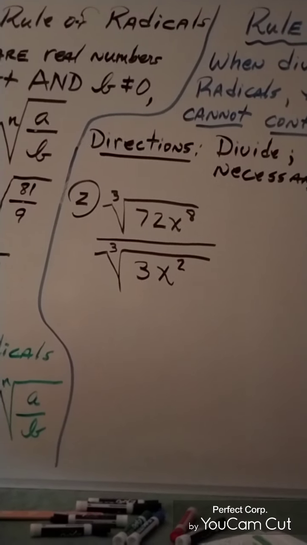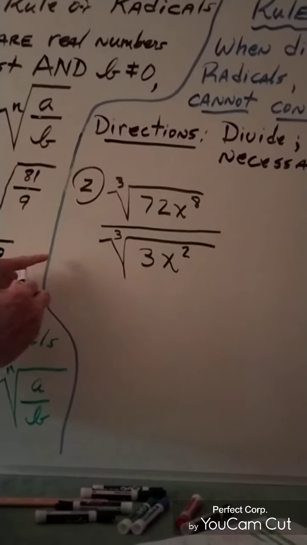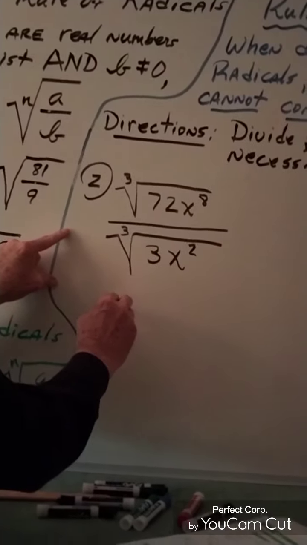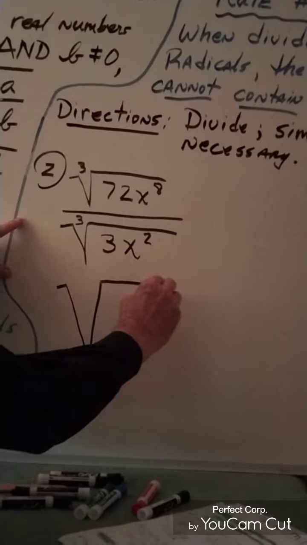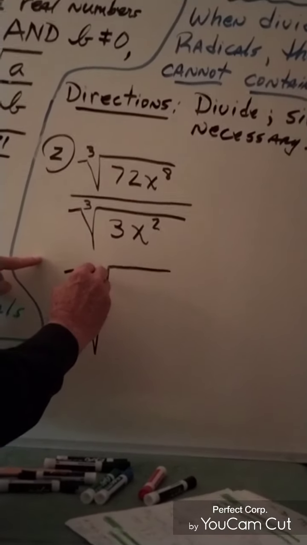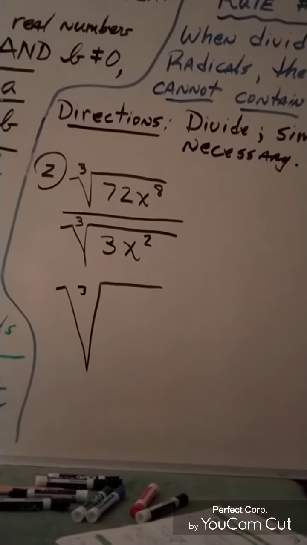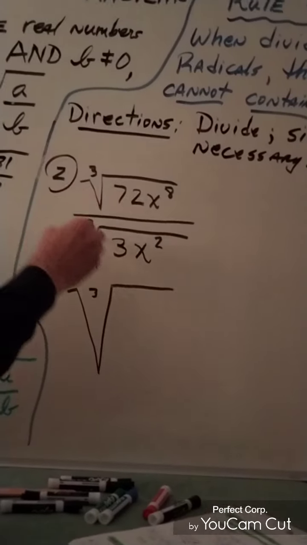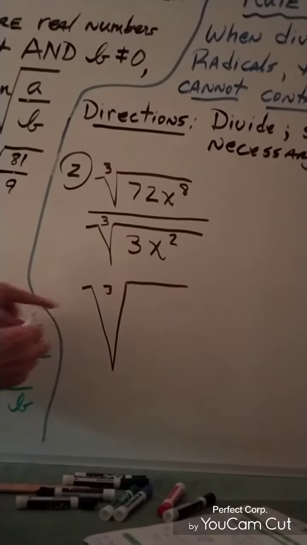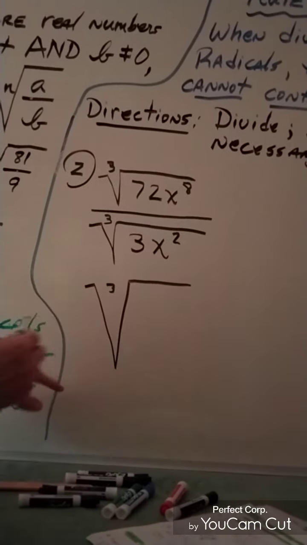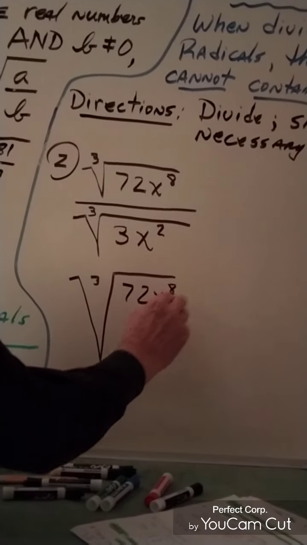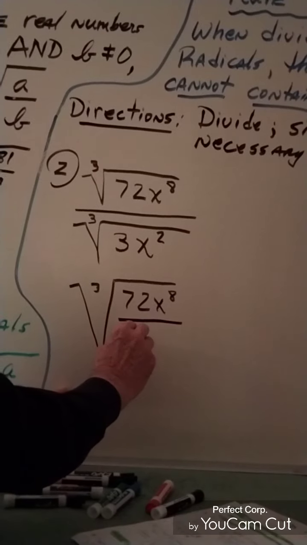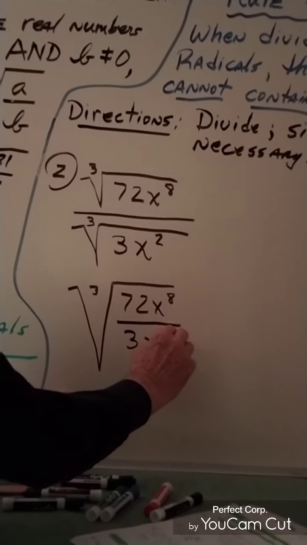We're going to have to rewrite it using the quotient rule of radicals. And so we make one radical sign, and we place that index of 3 in that cavity, and this division statement is equal to the cube root of 72x to the 8th divided by 3x to the 2nd.